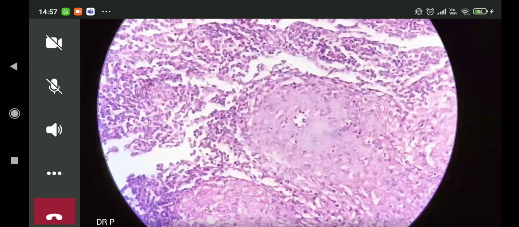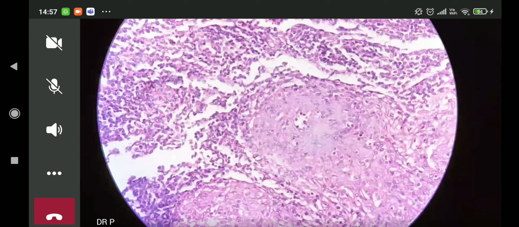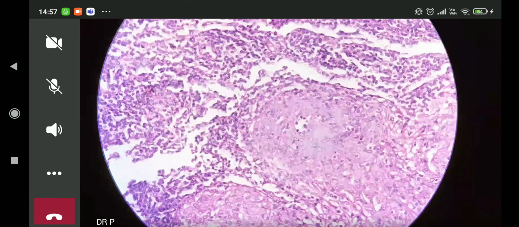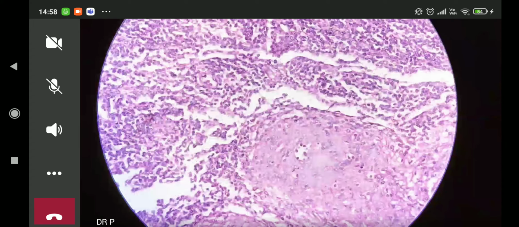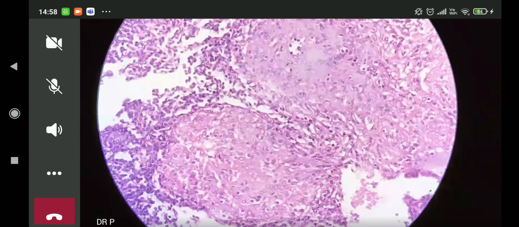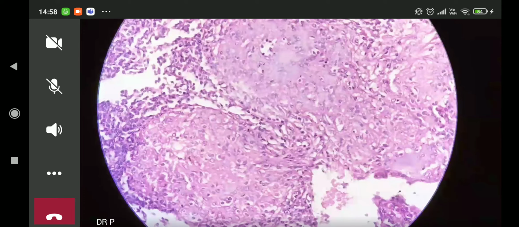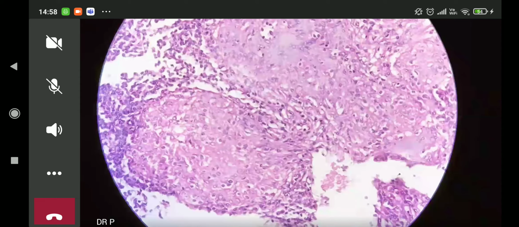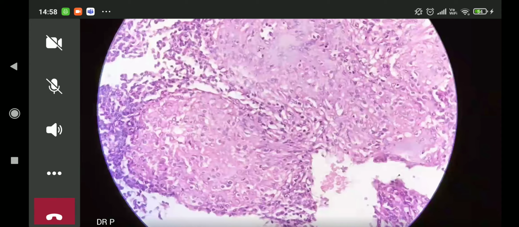On the lower side, you have this pinkish kind of material. So there's a little bit of necrosis going on. And then you have these nuclei that are not as blue as the ones on top, right? Some of them are opened up, some of them look as if they don't have anything inside them, right? So all of these are nothing but histiocytes.